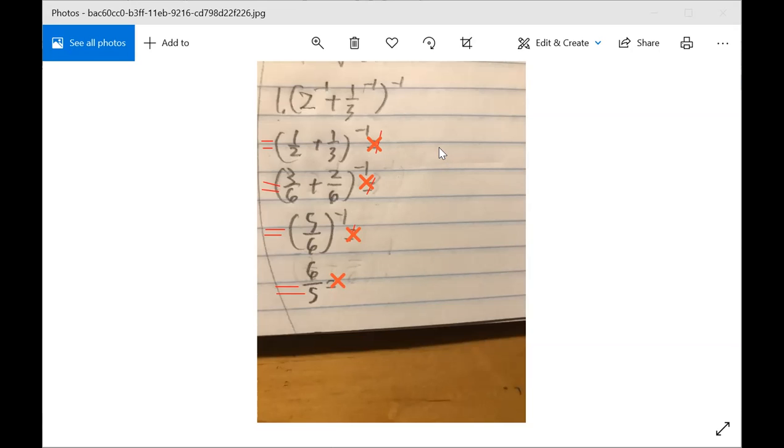But you made a copy error here. You see, you wrote 1/3 to the power -1. So this should be just 3 to the power -1. Do you see that?